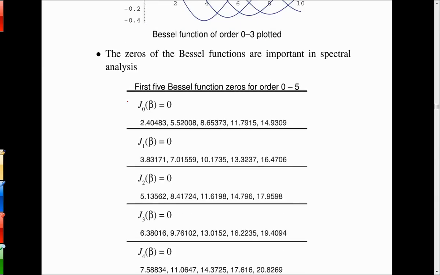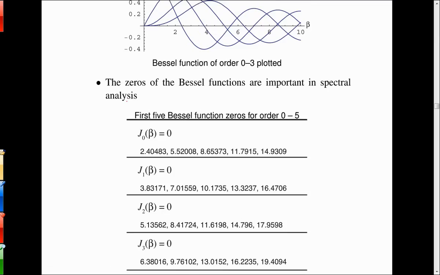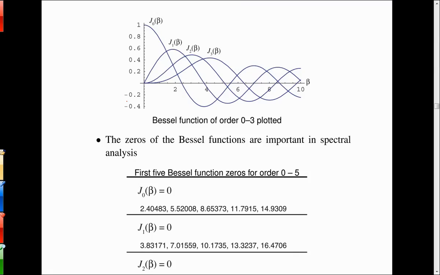It's a variation of what's in the book, and on the handout it tells you where the zeros of the Bessel function occur. For example, this 2.4048 is this point right here. And then it occurs at other locations, and there are zeros of the other Bessel functions.